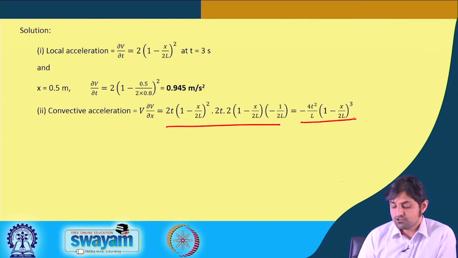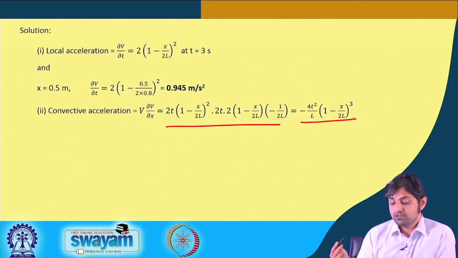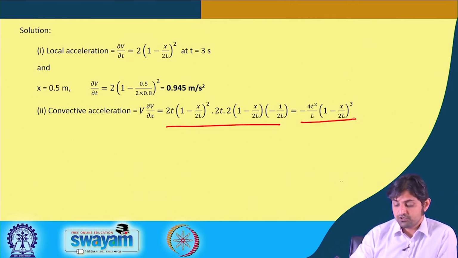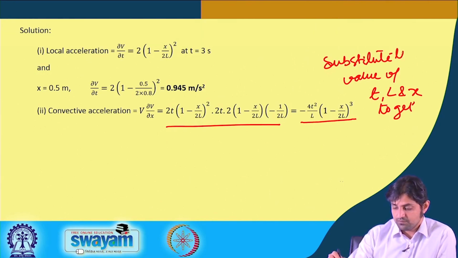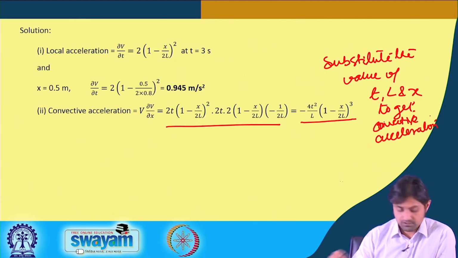So, what needs to be done? Very simply, we need to substitute the values of t, L and x to get the convective acceleration.